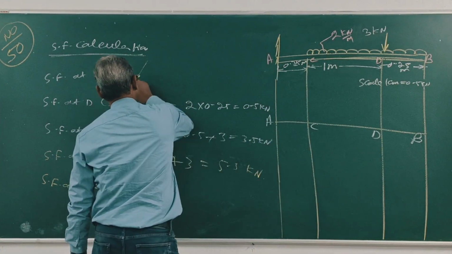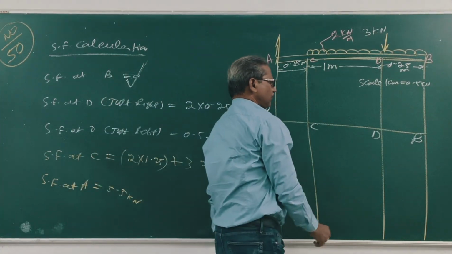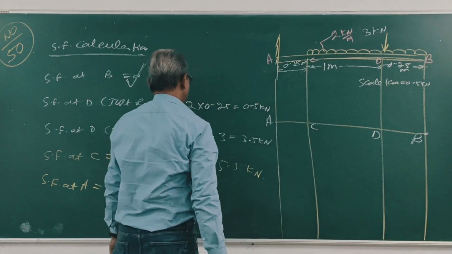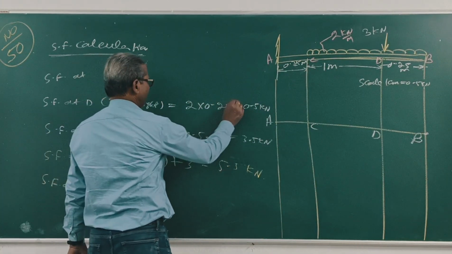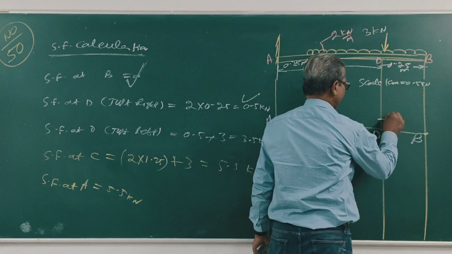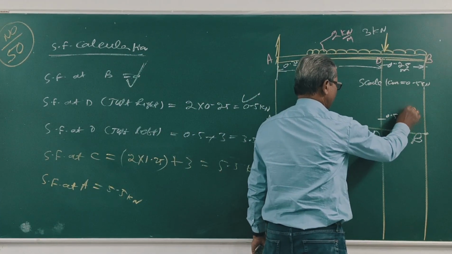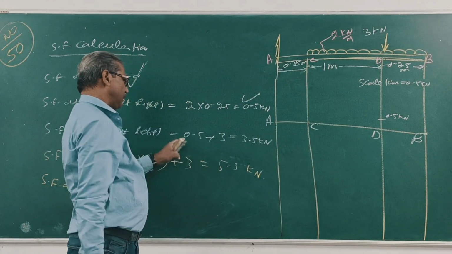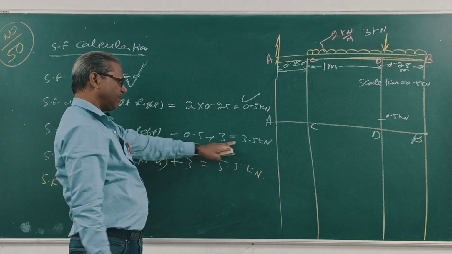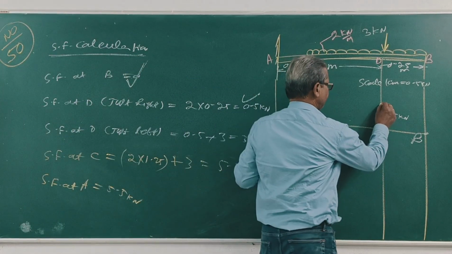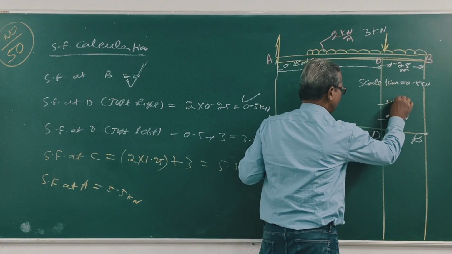Clear? At D just right, 0.5 means 1 cm. Right? At D just left, 3.5 kilonewton.